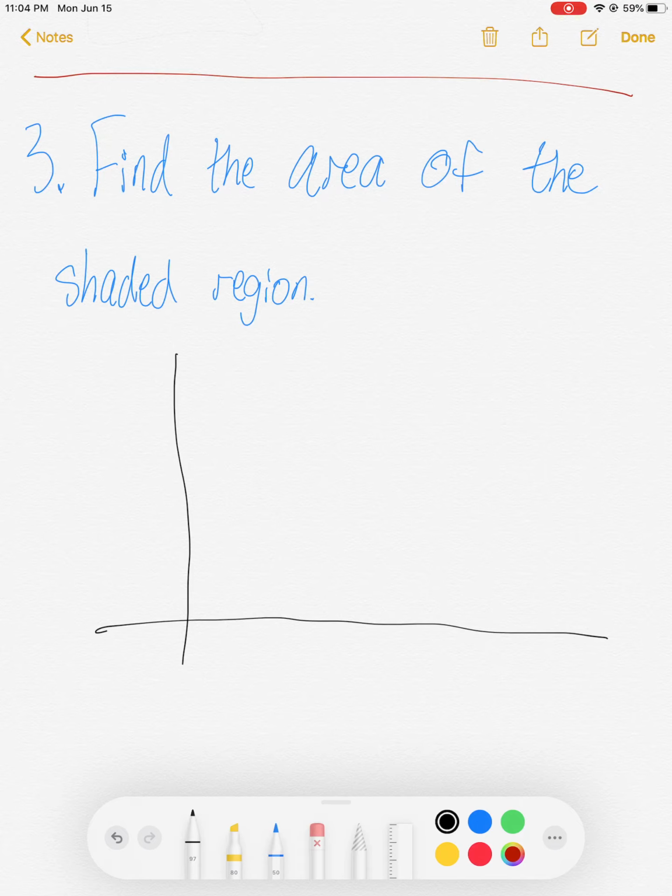Problem 3 says find the area of the shaded region. Okay, we're given a lovely drawing.